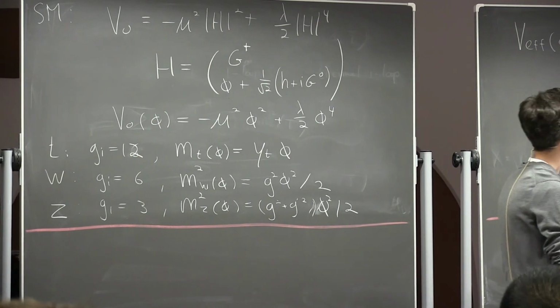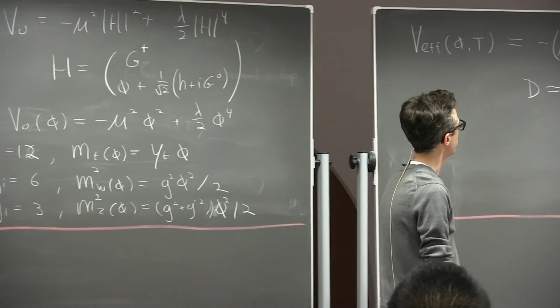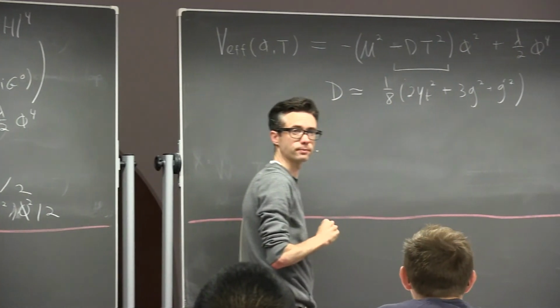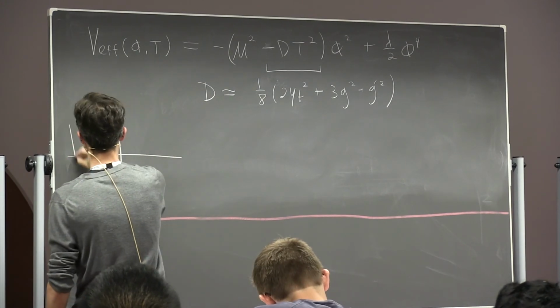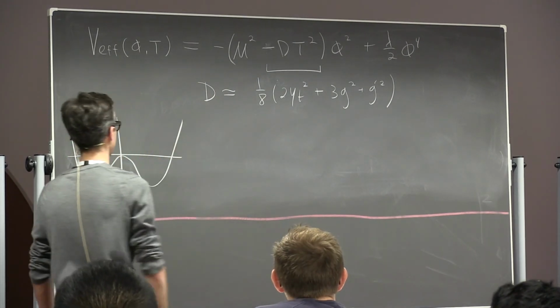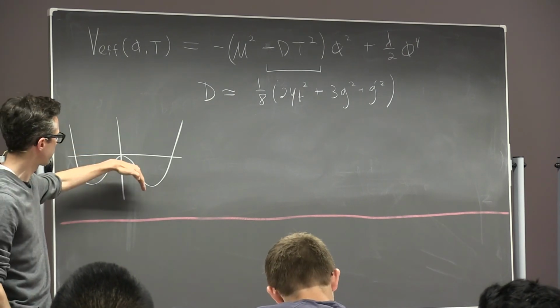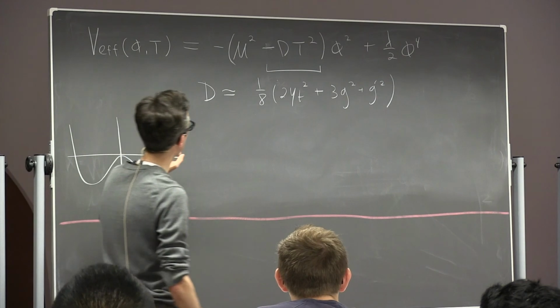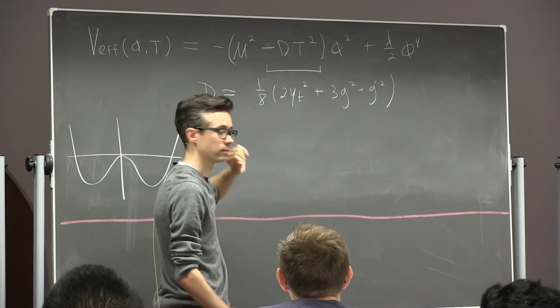So the thing about this potential is if I make the temperature big enough, this term becomes positive. Remember, our standard story for Higgs electroweak symmetry breaking was I've got this wine bottle potential. And the reason it goes down at the origin like this is precisely because the coefficient of the quadratic piece that dominates at small field values is negative.